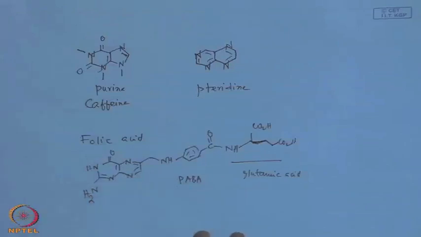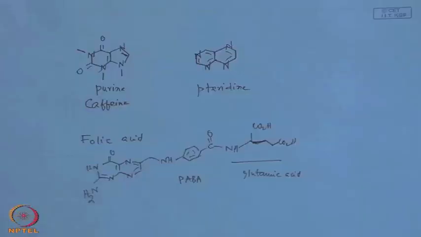Folic acid, where do you find folic acid? It is a component of the vitamin B complex. It is actually the origin of the discovery of chemotherapy. Many of you do not know the first antibiotic that was discovered in chemical literature was sulfanilamide.